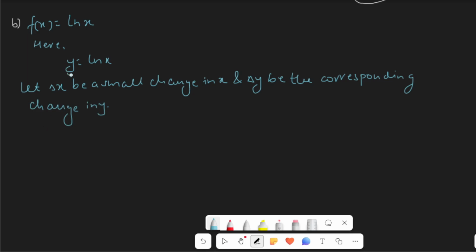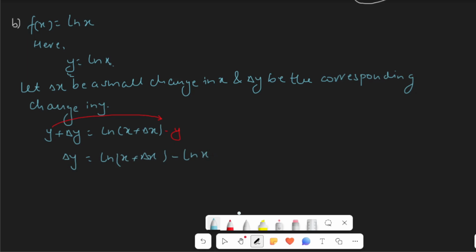Again, replace y with y plus delta y and x with x plus delta x. Again, we take y to the other side. This will give us delta y, which is ln of x plus delta x minus ln x.